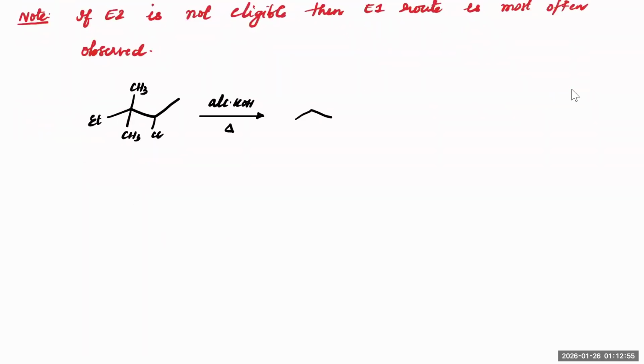My mistake, chlorine is here like this. So you can see there is only alpha hydrogen here, but at beta position there is no hydrogen.